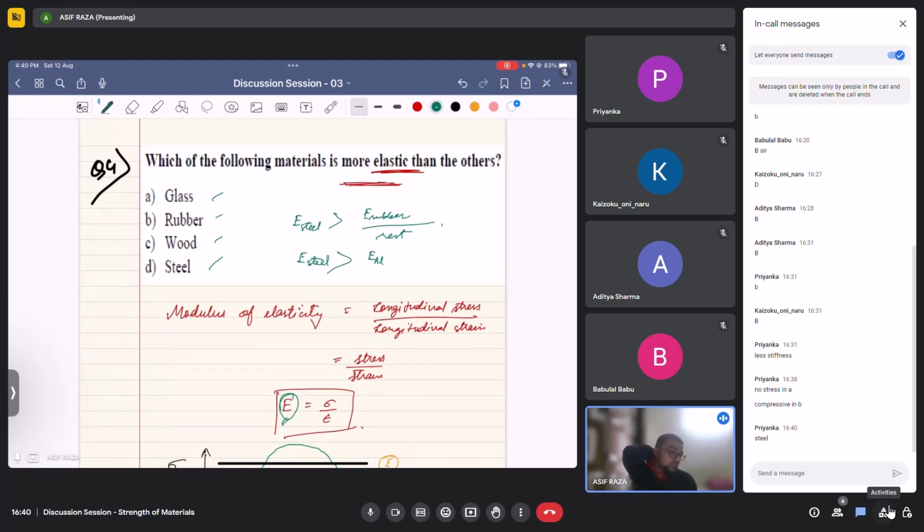So yes, steel is more elastic. You should know the standard value: it is about 2 into 10 to the power 5 MPa, or more properly 2.1 into 10 to the power 5 MPa. Okay, let's move further. I hope this is clear for you all.